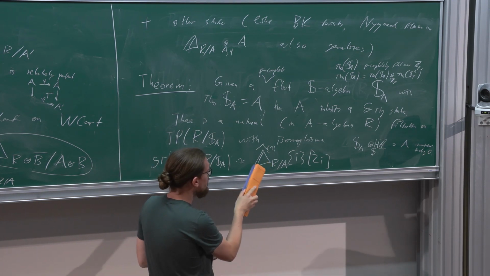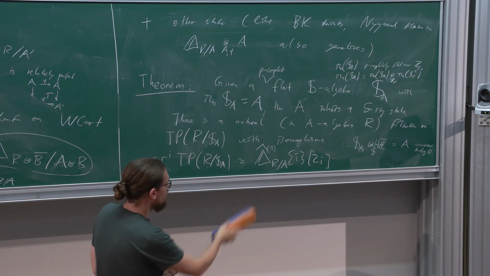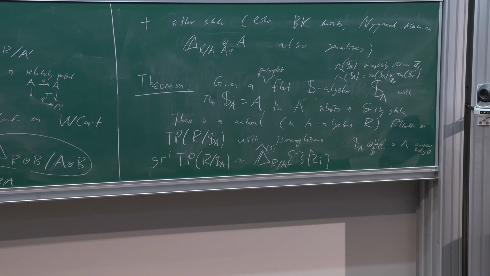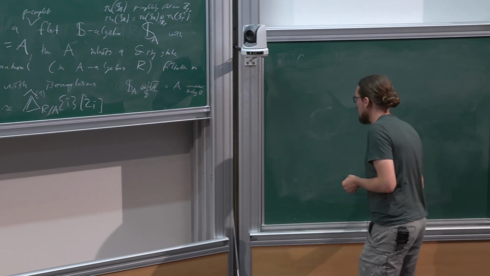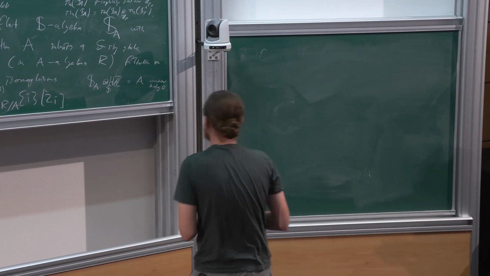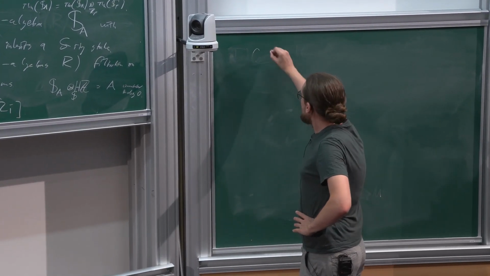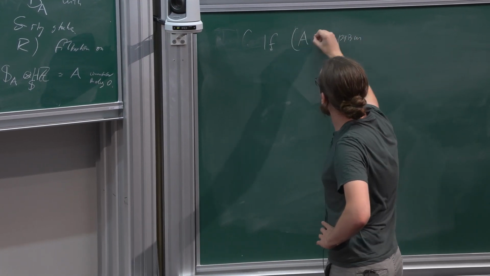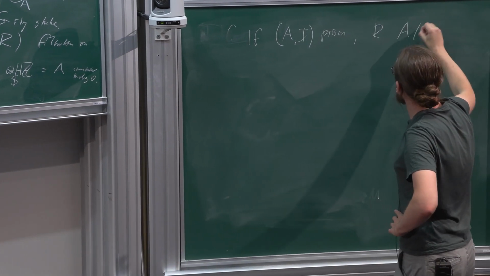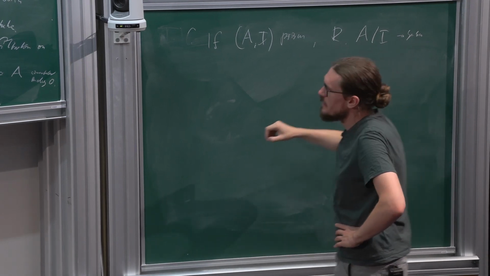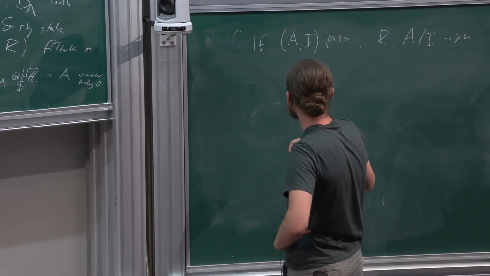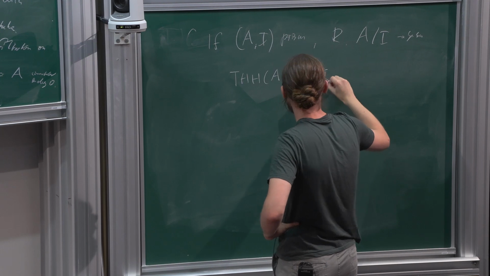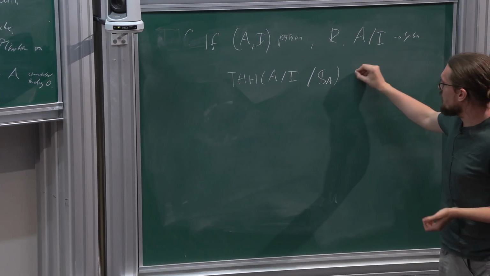And in some cases, there is actually a way to produce from this something that directly relates to non-Frobenius twisted prismatic cohomology, namely if A is a prism and R is an A mod I algebra, then from this comparison stuff, we actually know that THH of A mod I relative to SA satisfies some kind of Böckstedt periodicity.